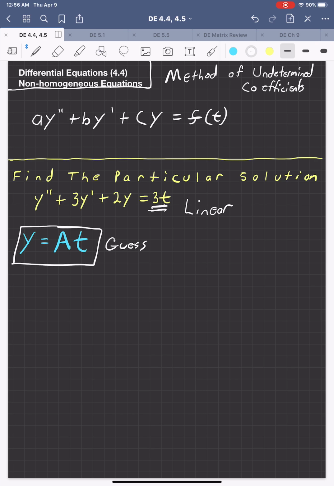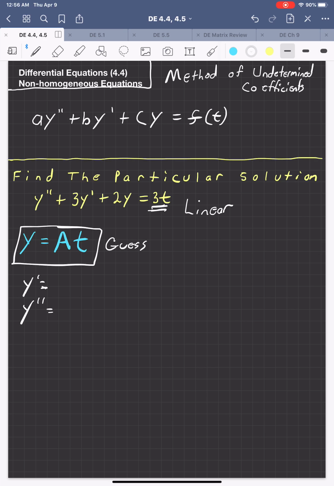And now let's make some mistakes, because I don't know how else you learn in this game of mathematics without being able to make some mistakes. So let's go ahead and find out what y prime would look like and what y double prime would look like. Ready? Then we'll go back and compare it to what we have and see if we can make this work.